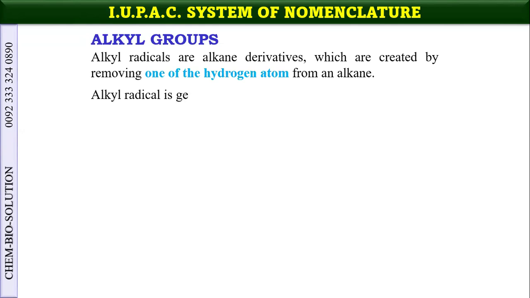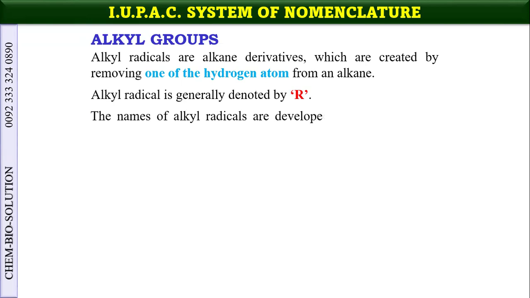And this term is generally used for the smaller alkanes in our studies. They're generally represented as R, that we have seen in the previous lecture when we were discussing different functional groups and their names.